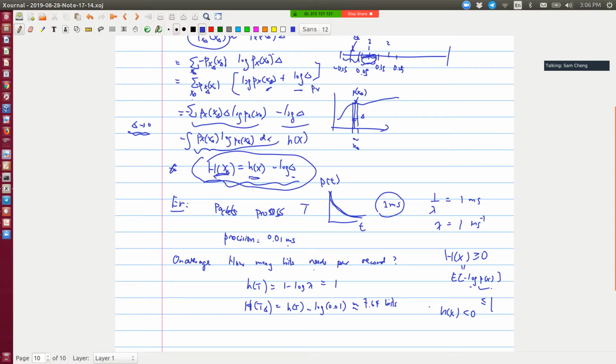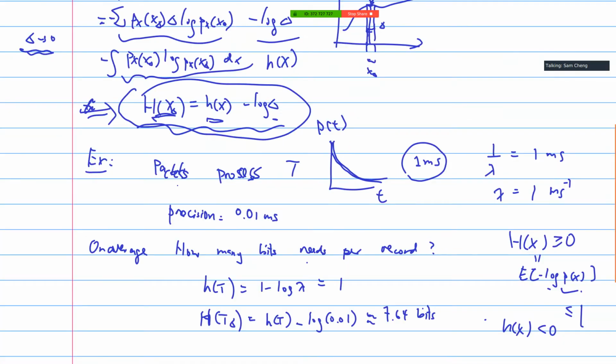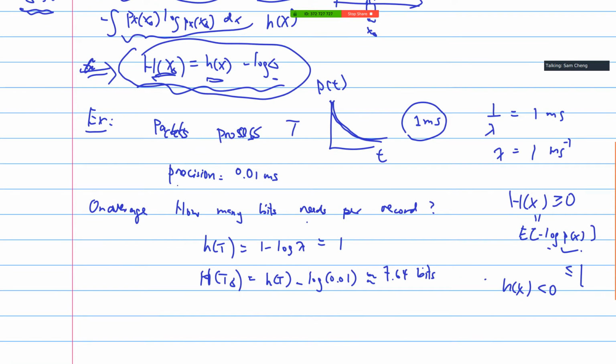If we do this using this equation and go for the approximation, then after the quantization, the discrete entropy is just equal to the differential entropy of the original continuous random variable minus log 0.01. This is approximately 7.64 bits. So it means that you need around 8 bits to store this quantized information.